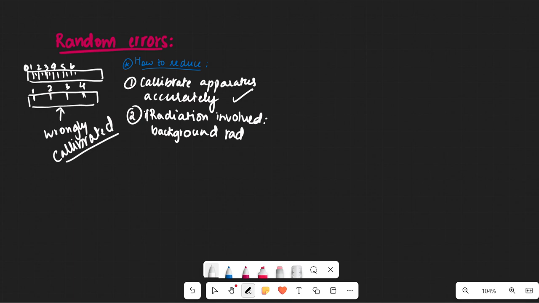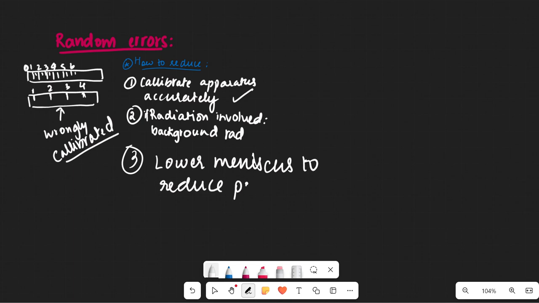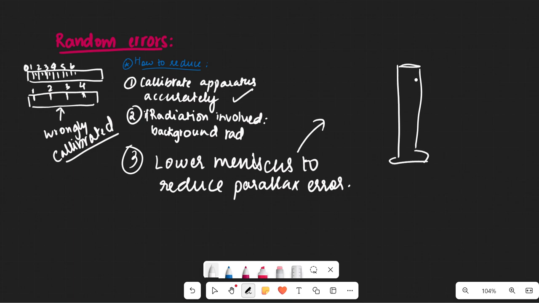The third and last one is to read the lower meniscus at eye level to reduce parallax error. What does this mean? Suppose you have a measuring cylinder with your readings here, and some amount of water. This is somewhat what the water would look like.